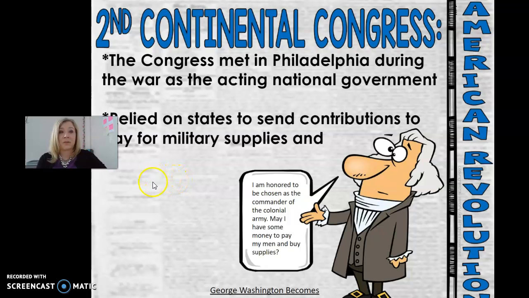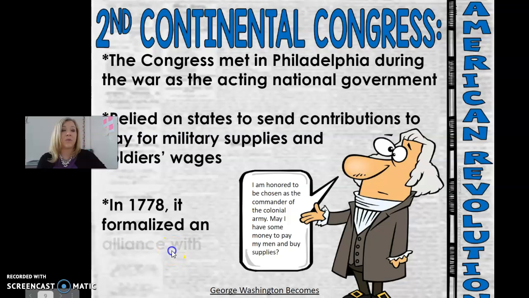Remember that the Declaration of Independence allowed them to be considered states now. So they relied on those states to send contributions to pay for the military supplies and to pay for the soldiers. And in 1778, it was formalized as an alliance with France. So they are going to join forces with France to help the war effort.